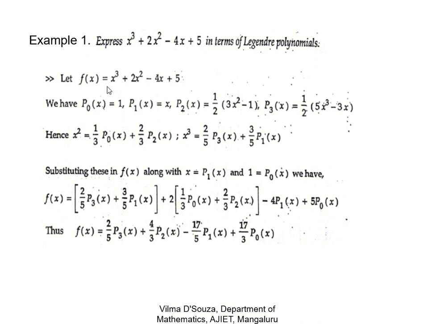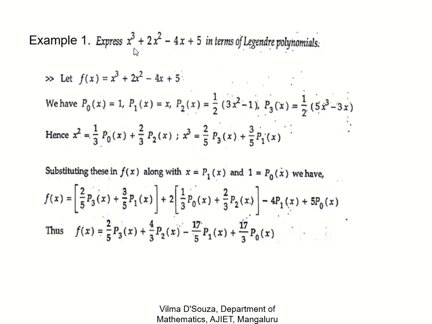Since you have maximum x cube here, you have to consider up to P3. If you have a term containing x to the power 4, you have to consider up to P4. If you have only an x square term, the maximum power of x being 2, it's enough to consider P0, P1, P2.